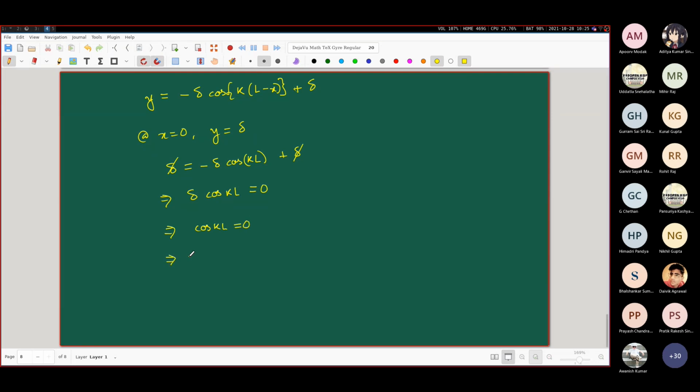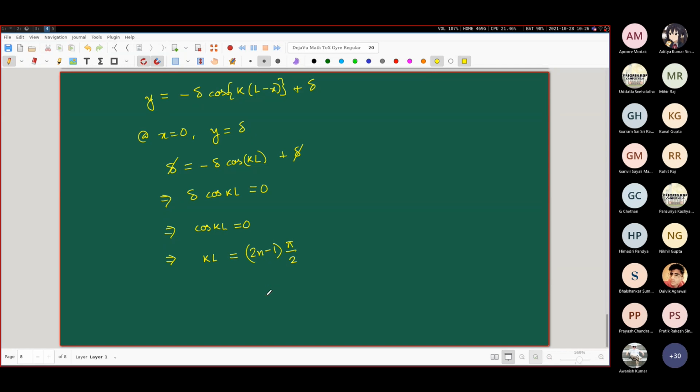So tell me now, what should be the condition for cos kl equal to 0 in general? What form should kl take? Earlier in the pinned case, we had obtained sine kl equal to 0, and we had written that kl should be equal to n pi, where n is an integer. Now what should this kl be? It should be twice n minus 1 into pi by 2.